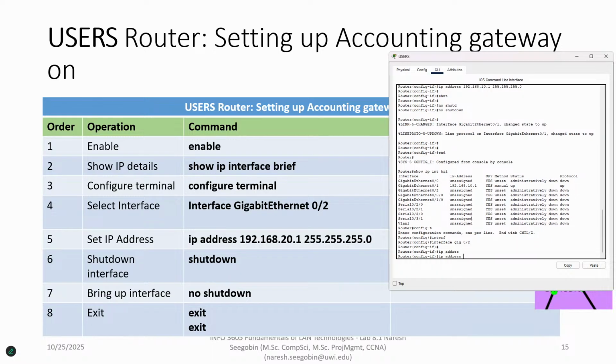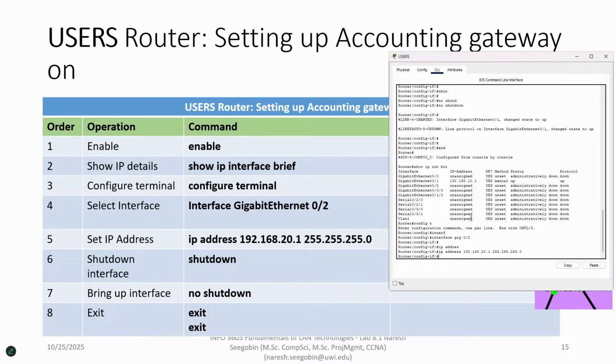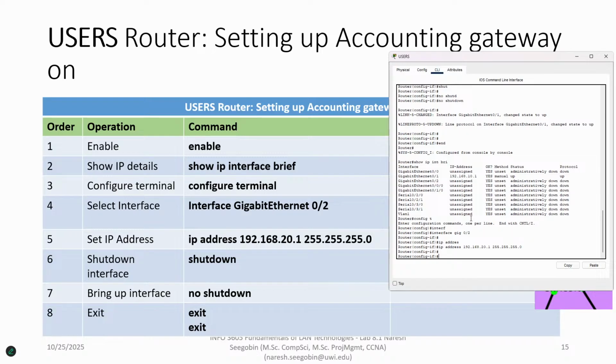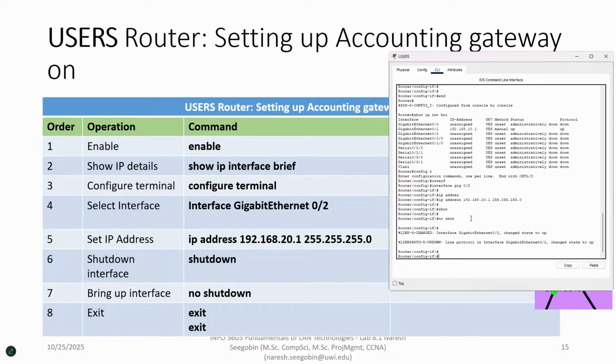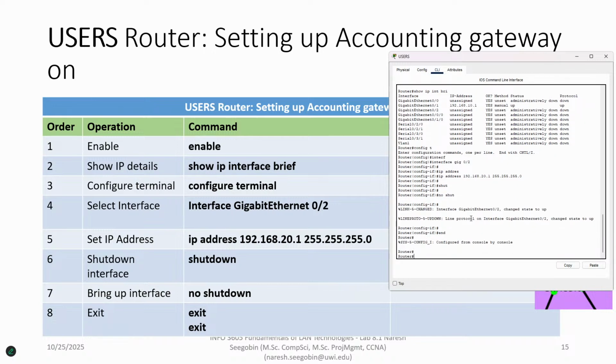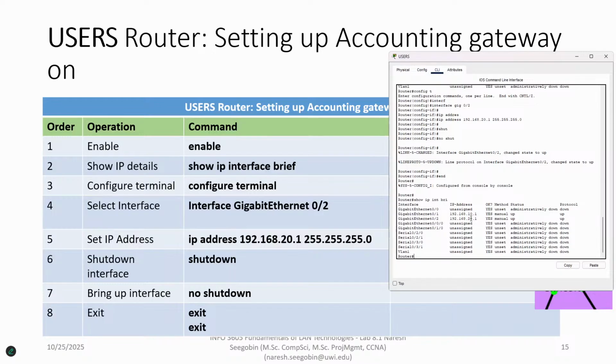IP address 192.168.20.1. Shutdown, no shut. And right. We did show IP interface brief. Now it's up and running.